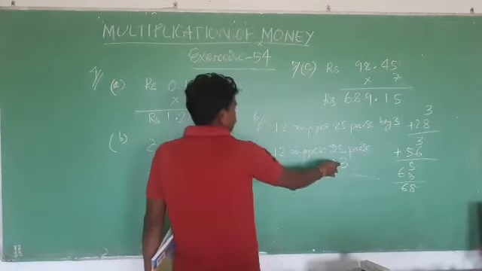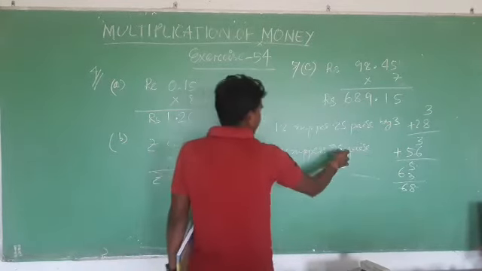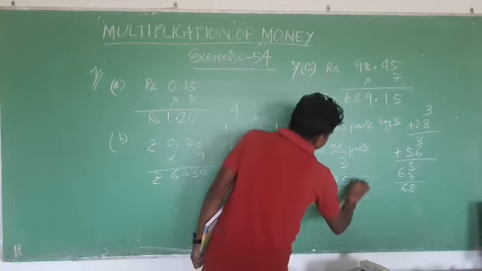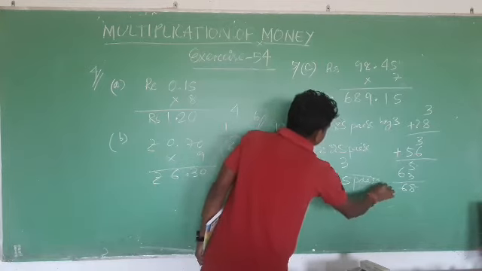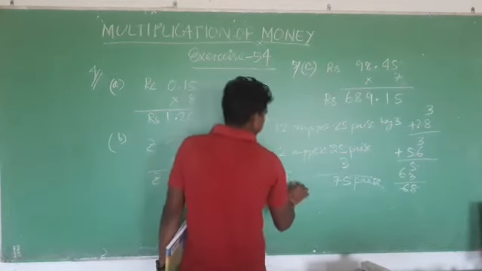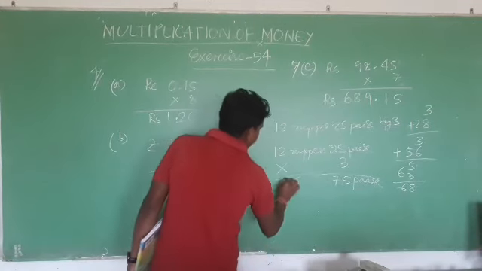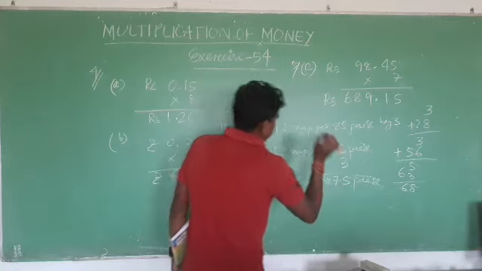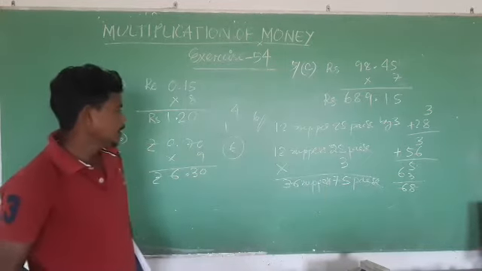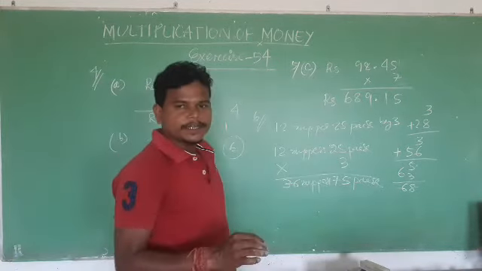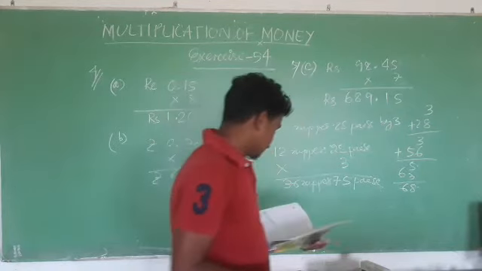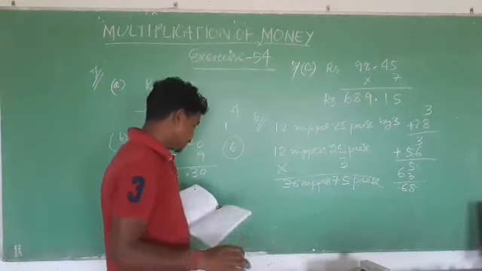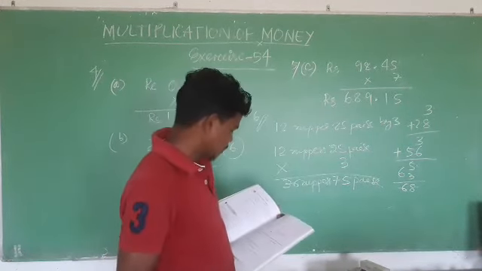Okay. 3 5 ja 15, 1 carry, 3 2 ja 6 plus 1, 7. 75 paisa, and now 3 2 ja 6, 3 1 ja 3. This much rupees. Okay. The words rupees and paisa also have not changed their position, right? Where they were, they are written on the same places. Okay.